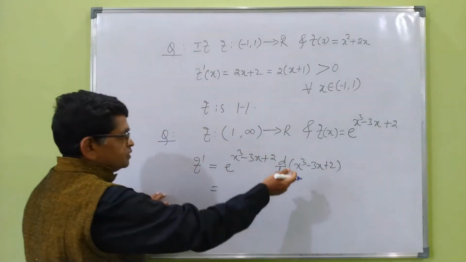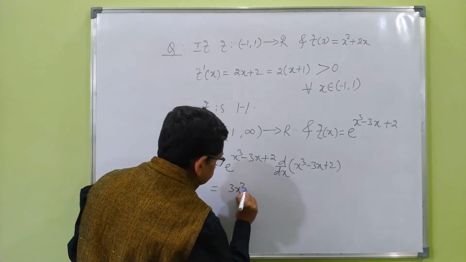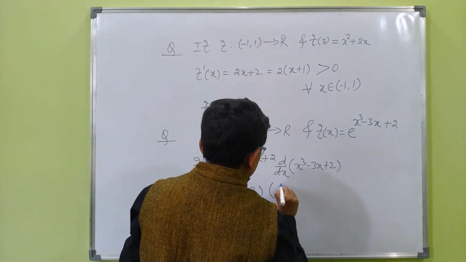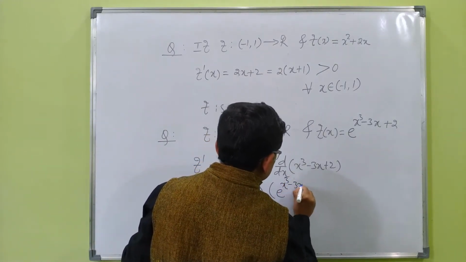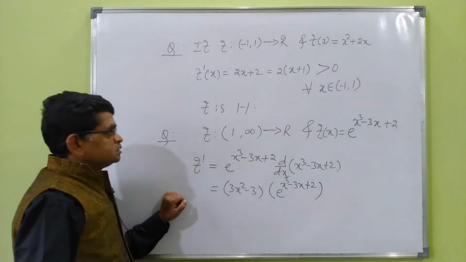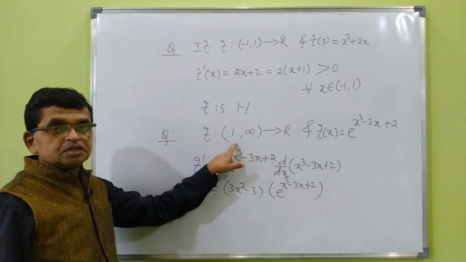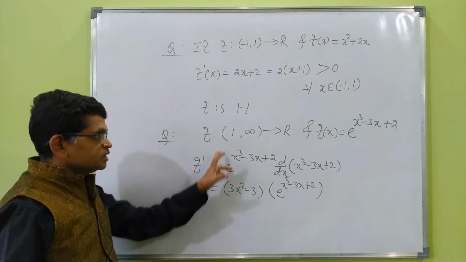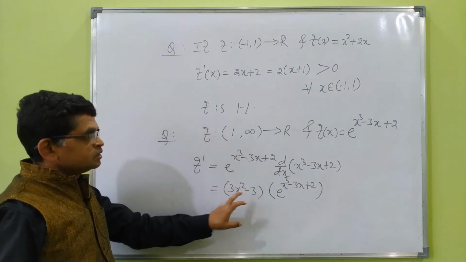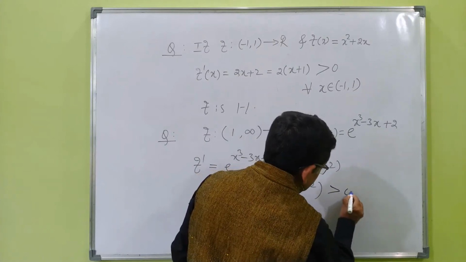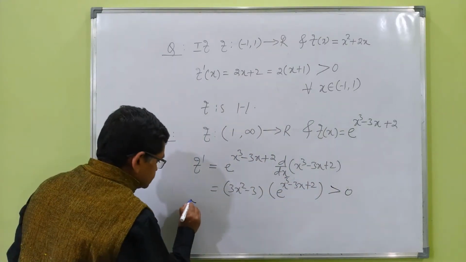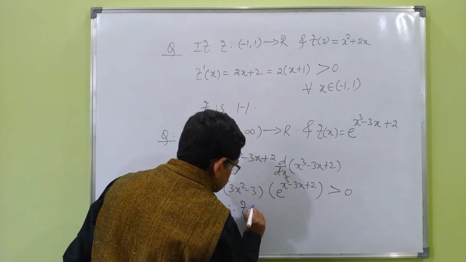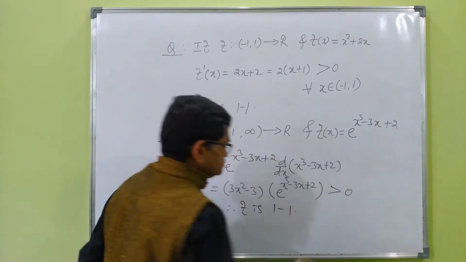This will be 3x squared minus 3 into e to the power x cube minus 3x plus 2. See, there are no negative values here. This will be positive only. 3 times x squared is anyway more than 0, so this is also positive. So the function is increasing in this interval, and therefore f is one-to-one. Okay.